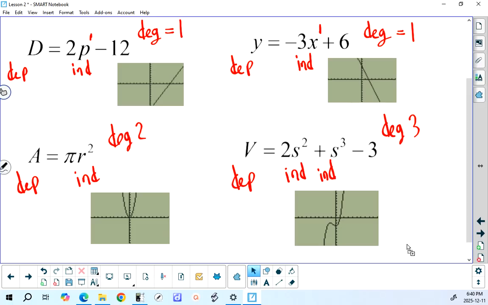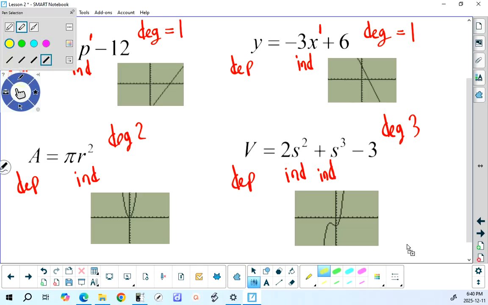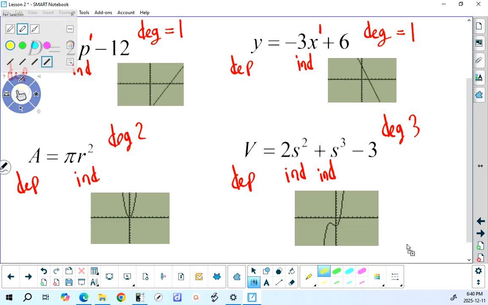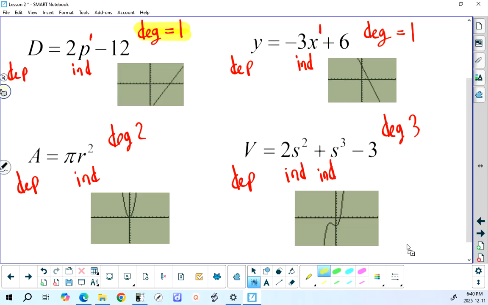The thing I want you to understand is that when you have a degree 1, it's linear. Let me repeat that. A degree 1 relation is always going to be linear. A degree 2 will always be a parabola.